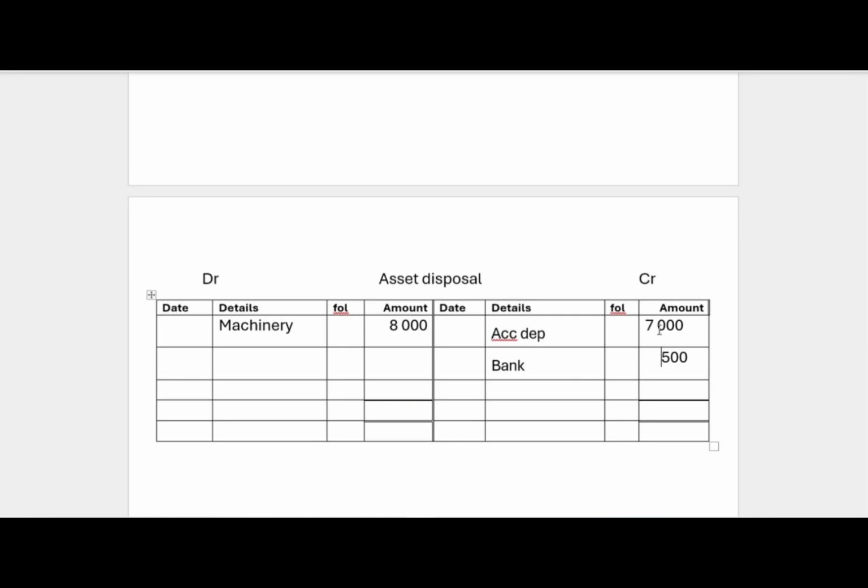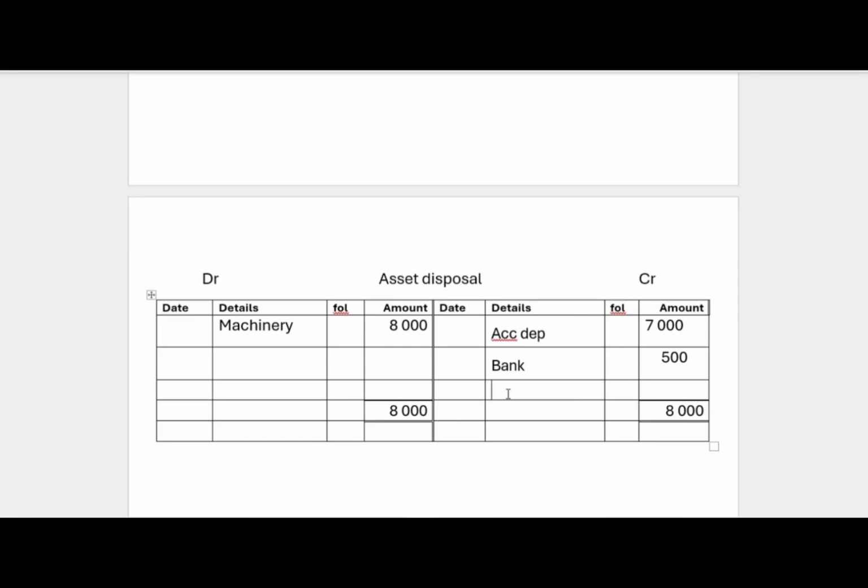Let's just see. The bigger side is the debit side here, so it's going to be 8,000 right there. And then this side is also going to be 8,000. All right. And then 8,000 minus 7,000 minus 500 is going to give you a loss on sale of an asset, right?